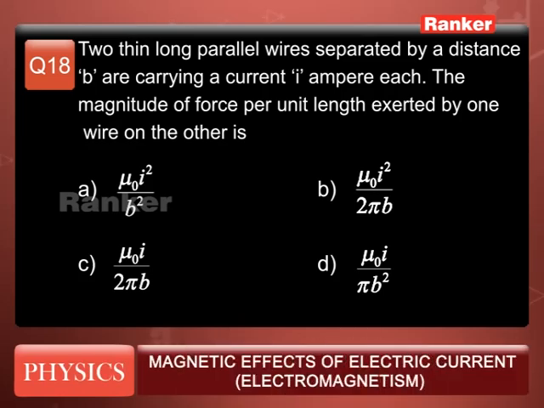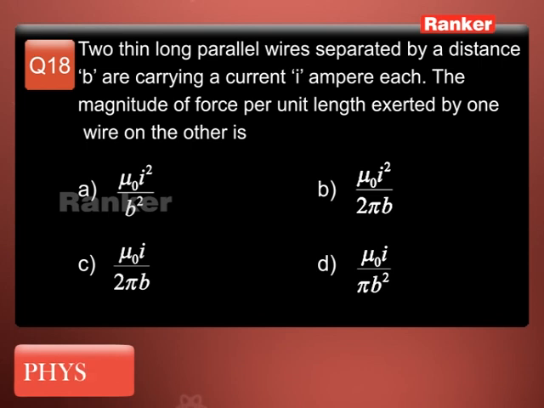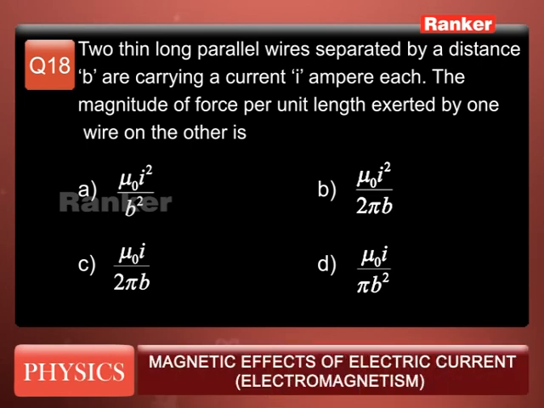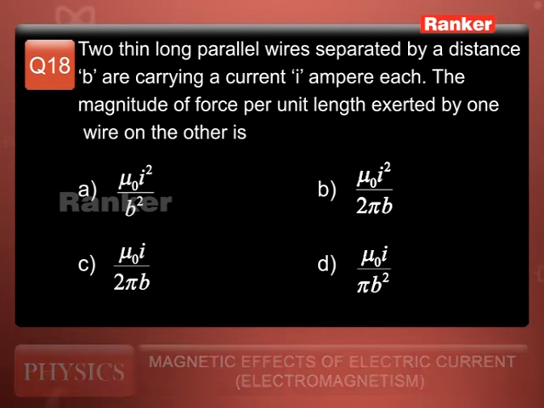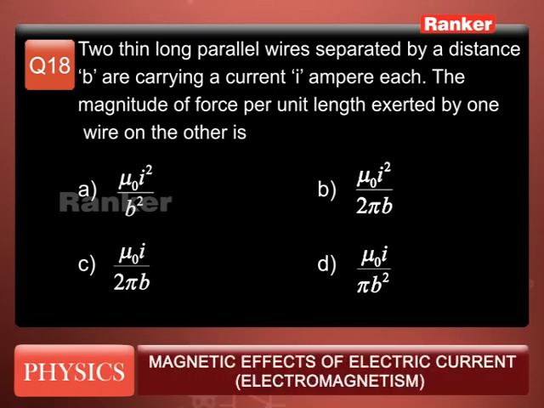Two thin long parallel wires separated by a distance B are carrying a current I ampere each. The magnitude of force per unit length exerted by one wire on the other is how much?